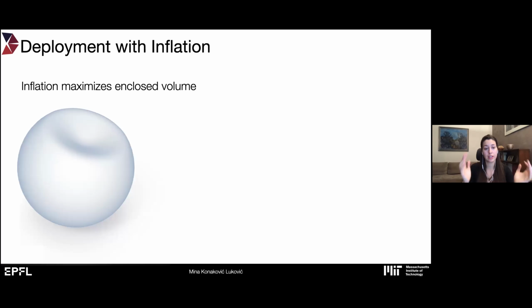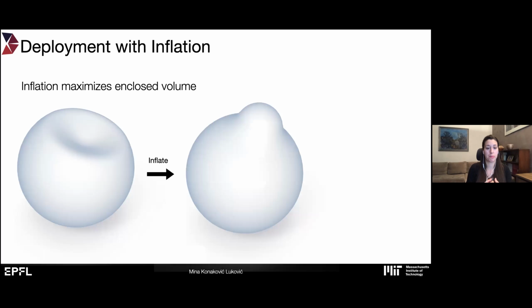So you have the limited area that you can cover with the material, and you're inflating it. So you're trying to maximize the volume inside. What happens is that if you continue inflating the surface on the left, this bump that was inside, it will actually pop out.